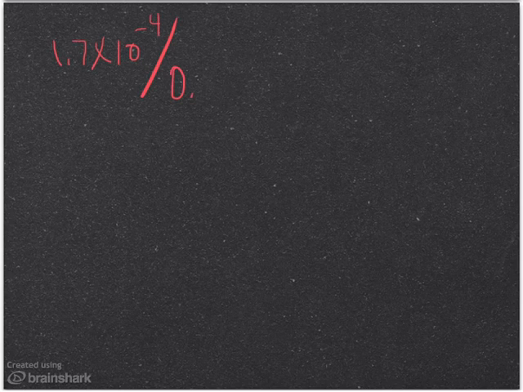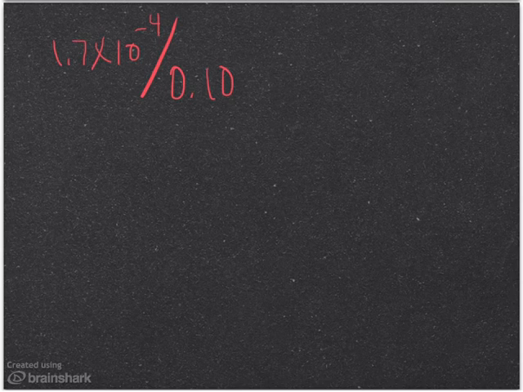Now we need to figure out the degree of ionization that has taken place. To do that, we take our equilibrium value, which is 1.7 times 10 to the negative 4, over what it was originally, which was 0.1.